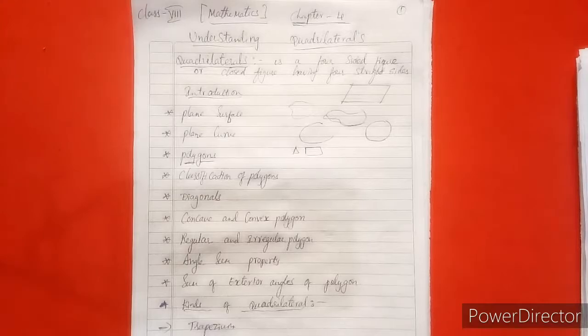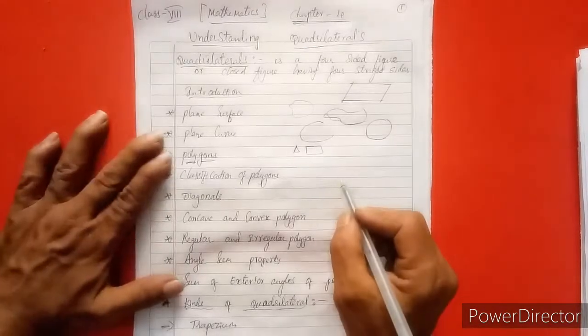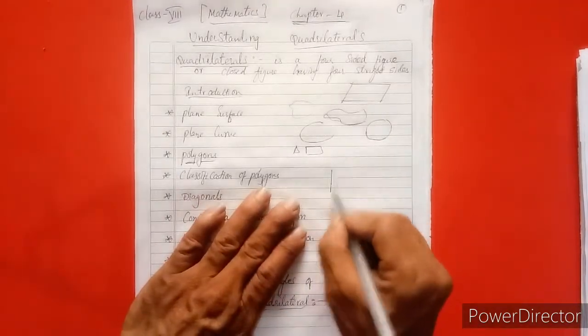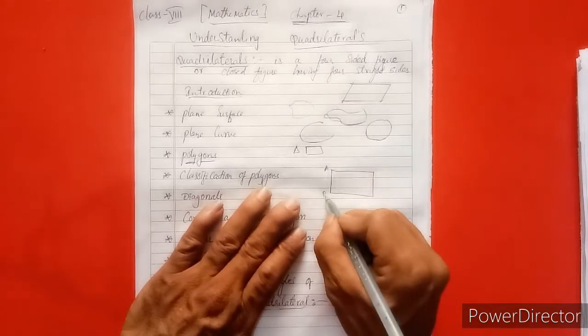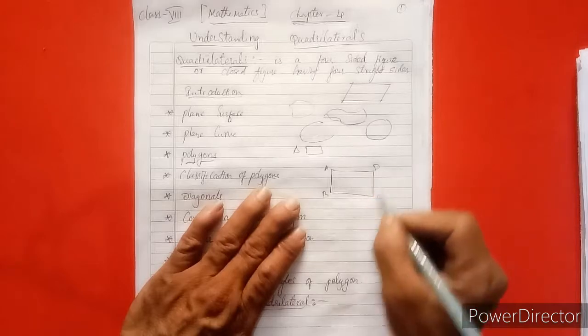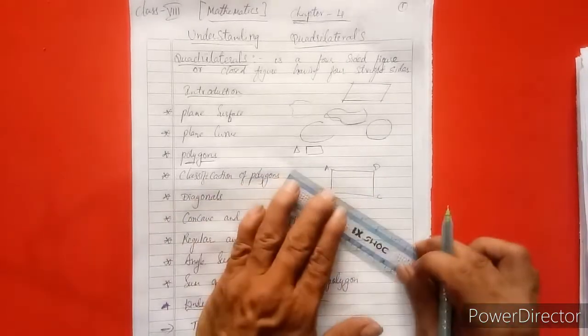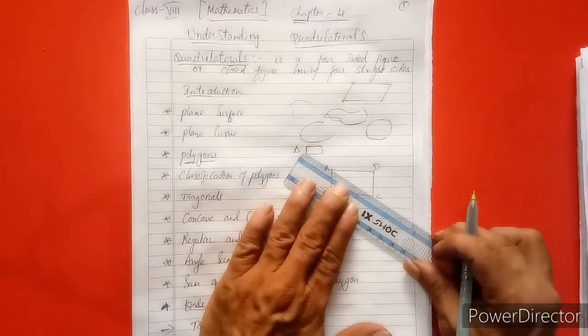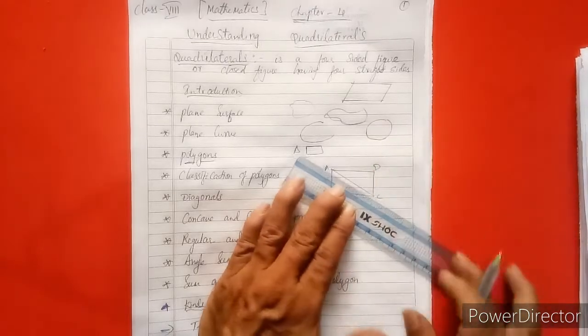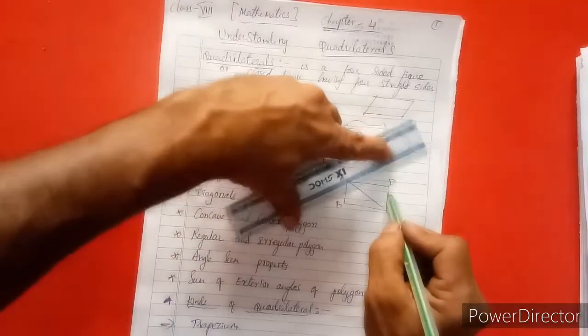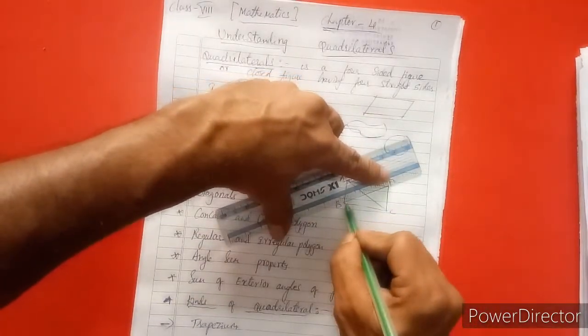Diagonals: what do diagonals mean? Just assume a four-sided figure, with vertices A, B, C and D. I will draw a line from A to C. We call it AC, and likewise BD.